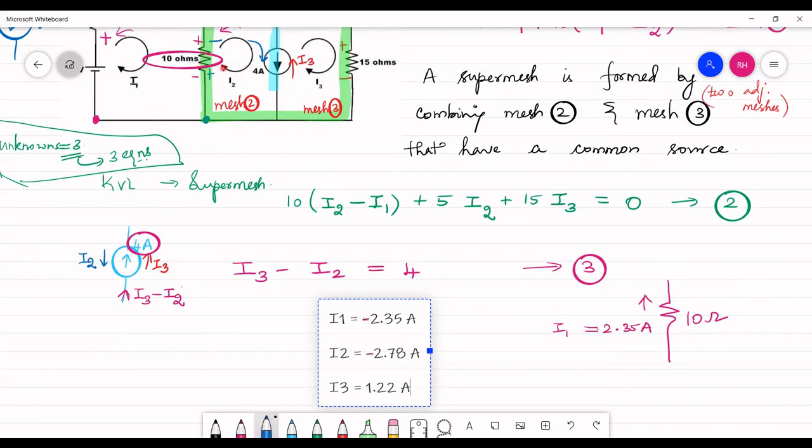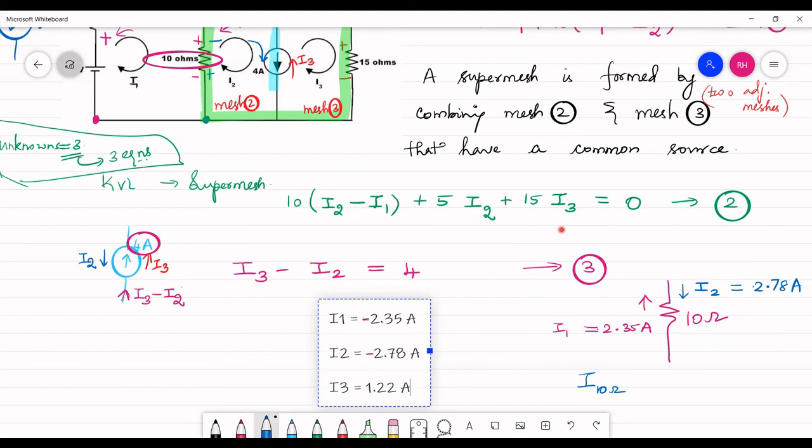And I have one more current flowing in this resistor. I2 is flowing in the upward direction, and it is given that I2 is equal to minus 2.78 ampere. That is, you have a minus sign, so you take the minus sign and reverse the direction of the arrow mark. Here you could see that you have two currents flowing in the 10 ohm resistor, I2 and I1.